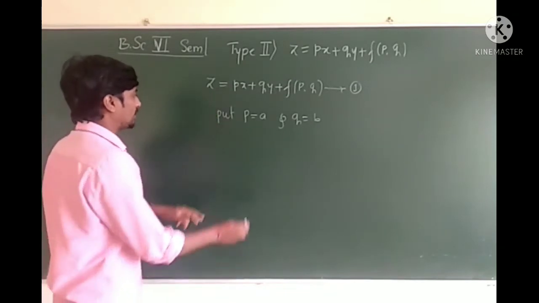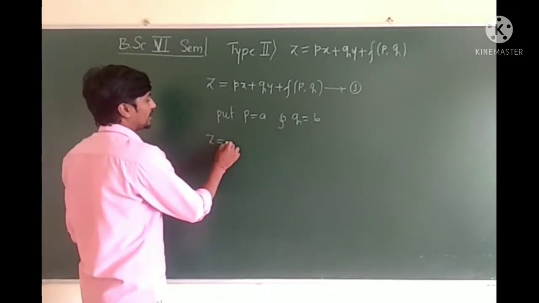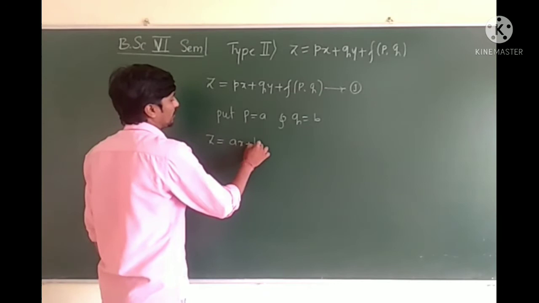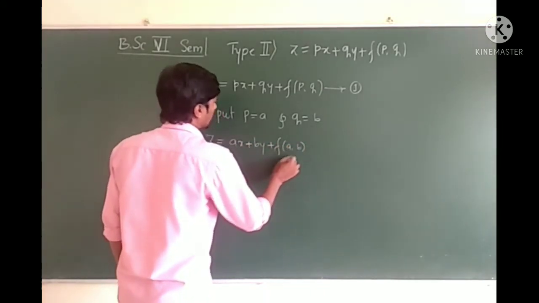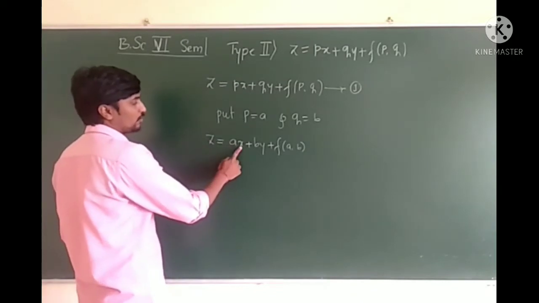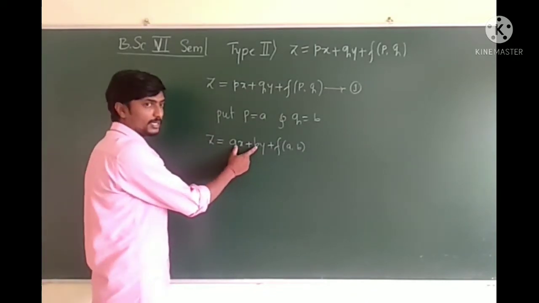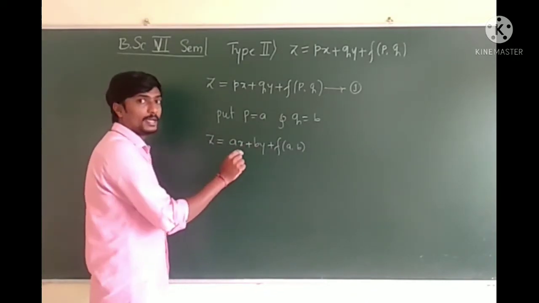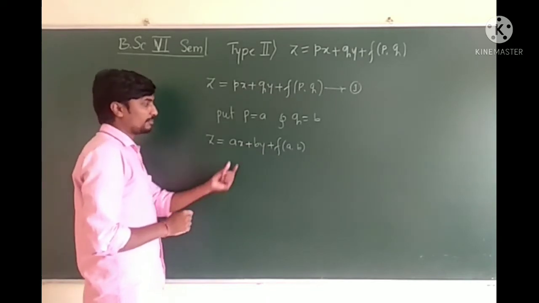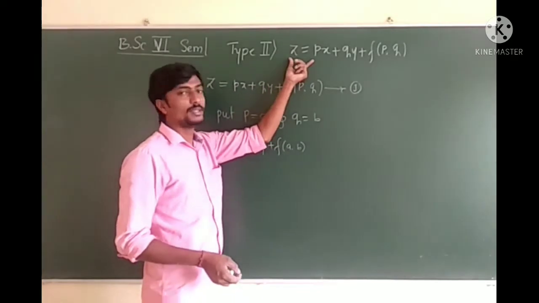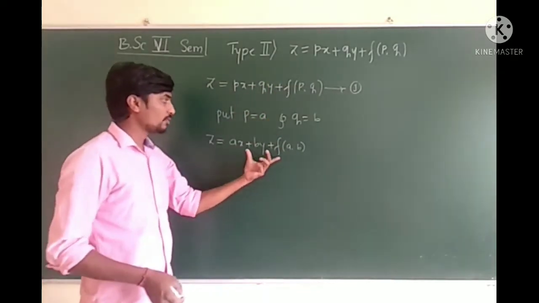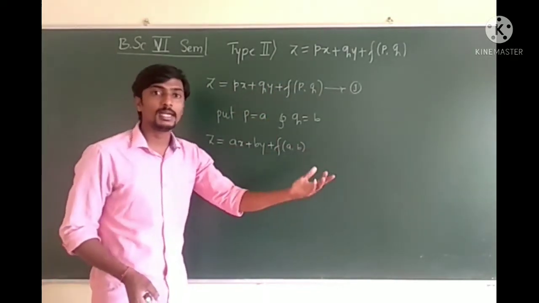Now this becomes z = ax + by + f(a, b). There are only two arbitrary constants and only two independent variables, so this becomes the complete solution of such equations.